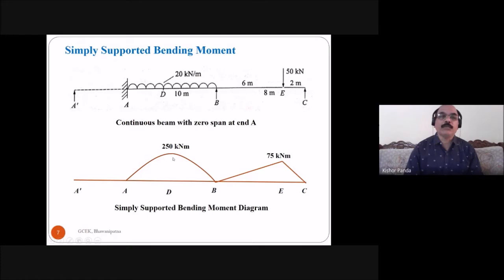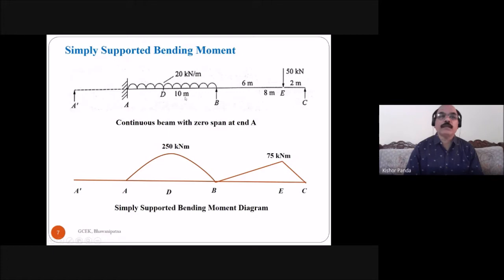What is the maximum bending moment on the span AB? This is 250 kilonewton meter. You know how to find this: W L square by 8, where W is given as 20 and L is given as 10.